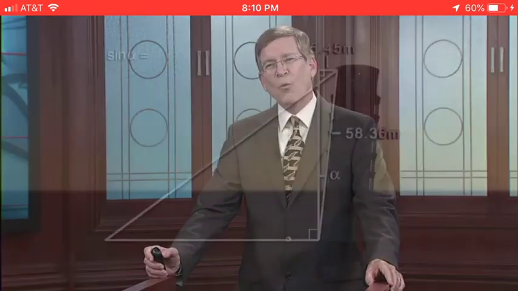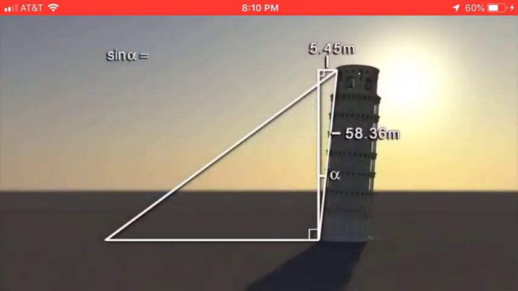Can you think of the appropriate trigonometric function to yield the angle alpha? What do you think? Well, what's the sine of alpha? It would be the opposite divided by the hypotenuse. And the opposite is 5.45 meters, and the hypotenuse is 58.36.